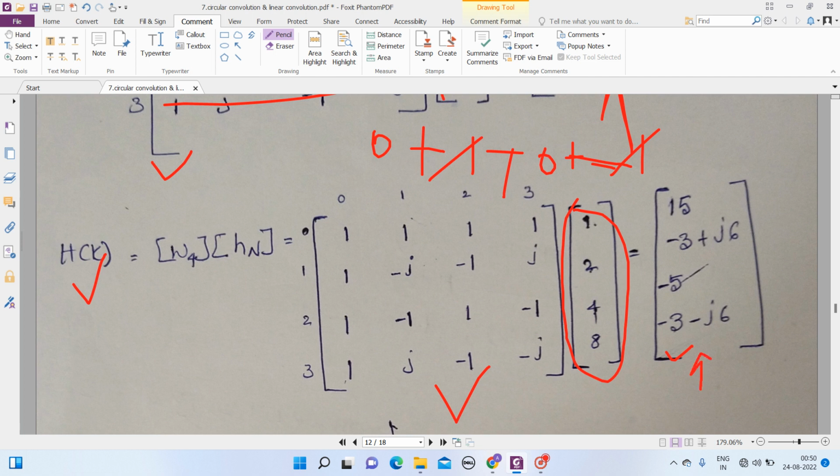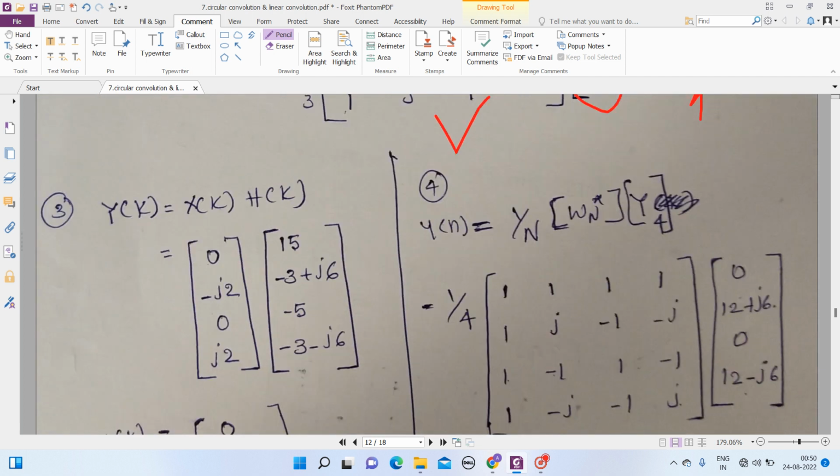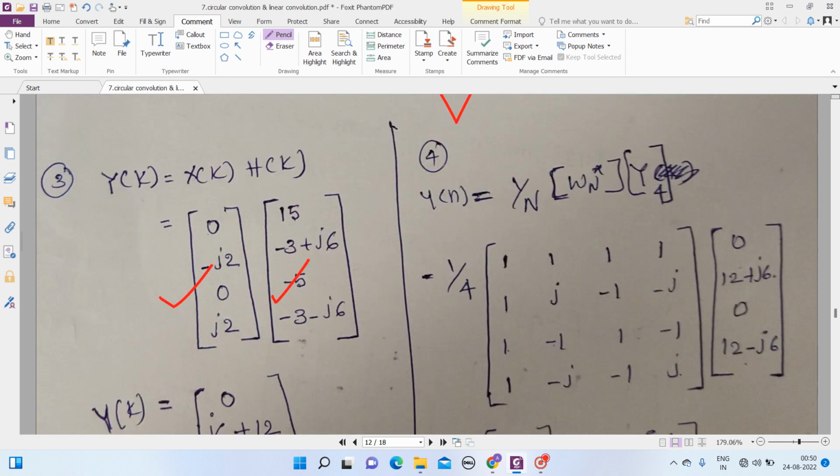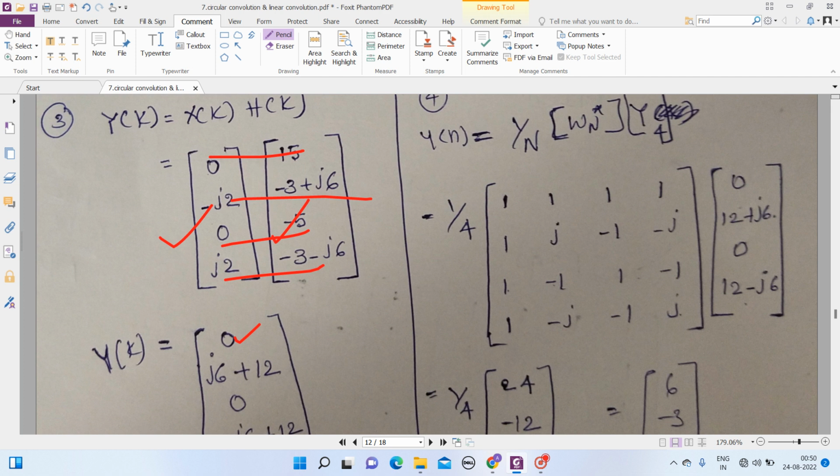Once you are determining the DFT of x of n and h of n, you have to multiply these two values. So 50 into 0, 0, right? So minus 3 you have to multiply with minus j2, so 6j, plus 6 into 2, 12. What is the value of j? The value of j is square root of minus 1.